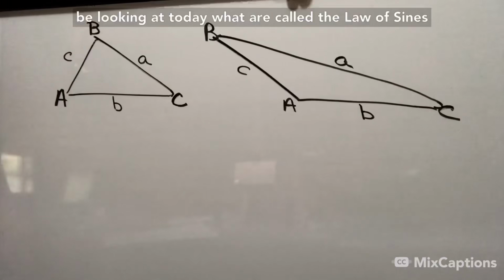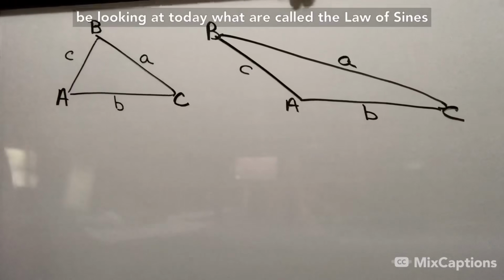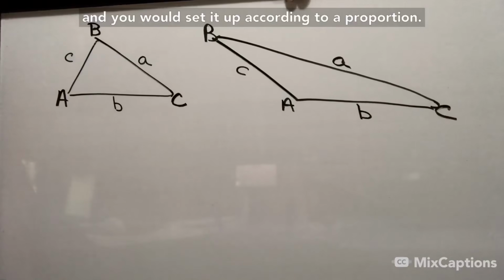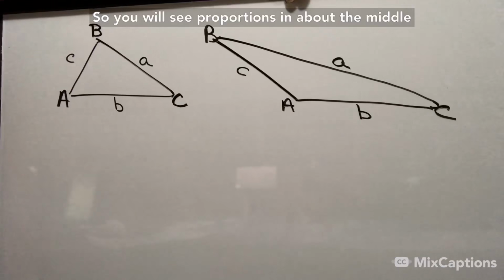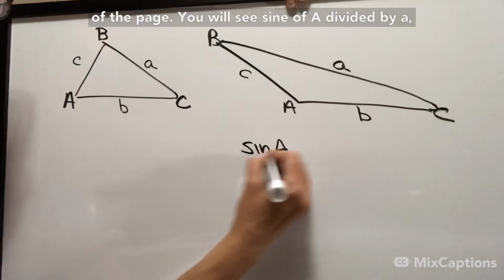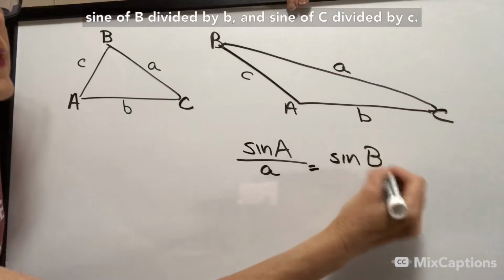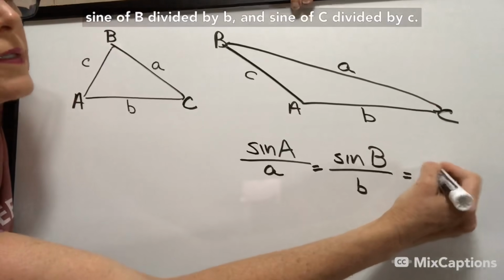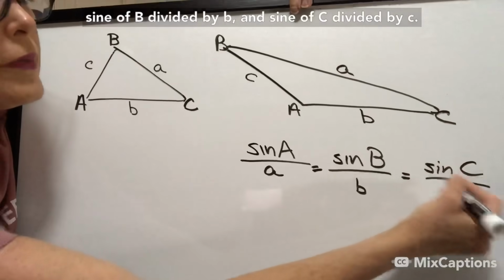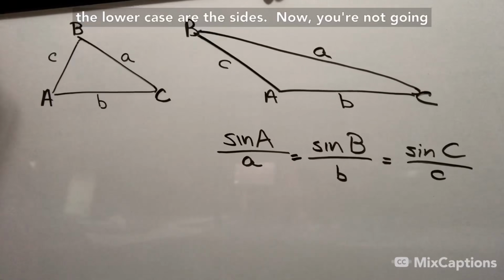Okay, so today we're going to be looking at what is called the law of sines, and you would set it up according to proportions. You will see proportions in about the middle of the page: sine of A divided by a, sine of B divided by b, and sine of C divided by c. Remember, the capitals are the angles and the lowercase are the sides.